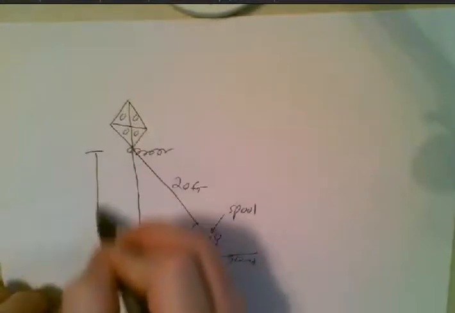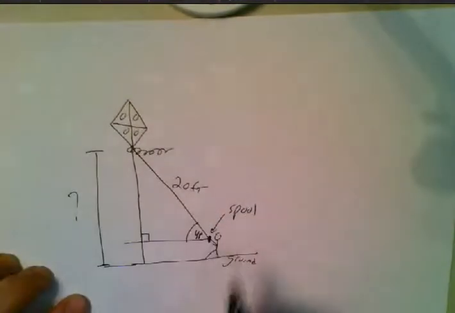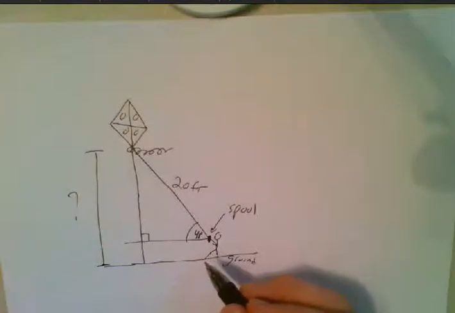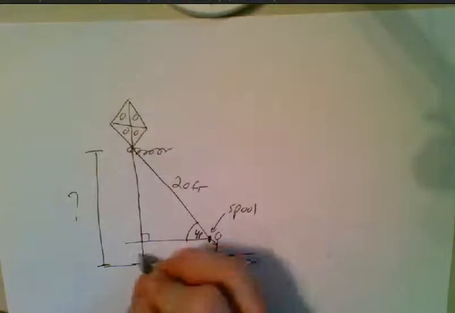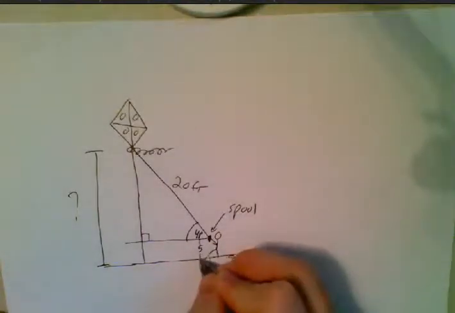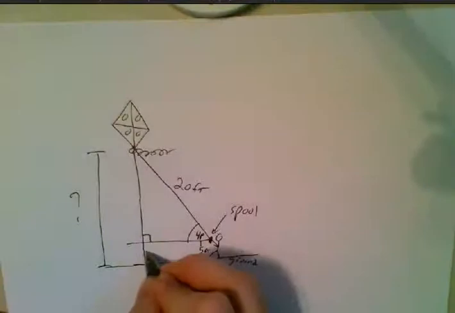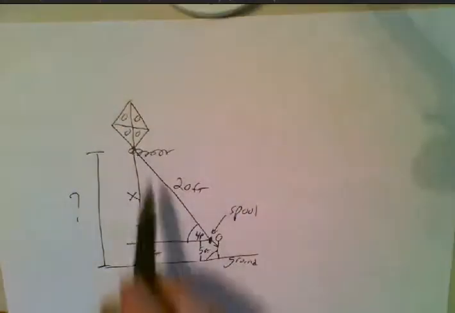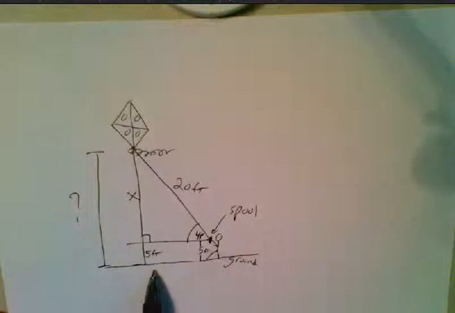Well, I know that the spool is 5 feet off the ground right here. That's 5 feet, which means this is 5 feet. So really, if I could just figure out what this part is, then I can figure out what the total height is off the ground.